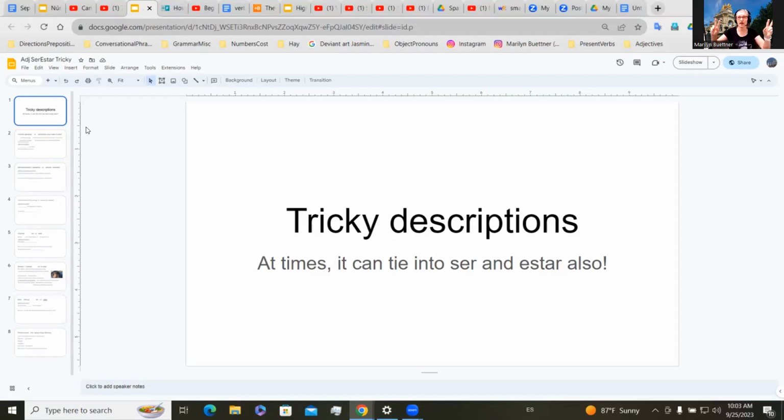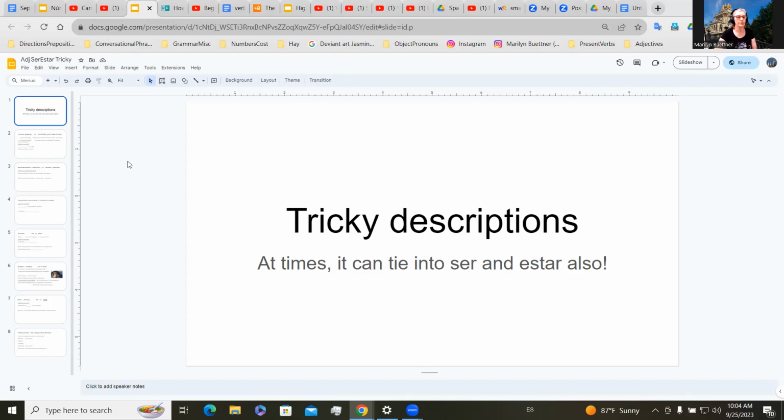That little kind of cheesy saying: for how you feel and where you are, always use the verb estar. Estar is talking about how you feel, okay? Estar does not talk about what you are like, either personality or feeling wise. Estar talks about how you feel or where you're located or where an object is located, right?